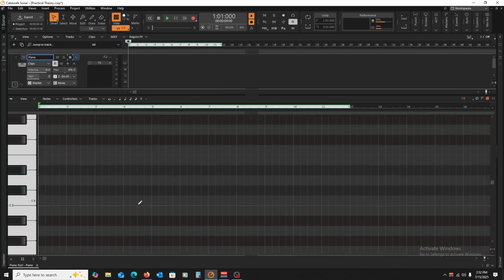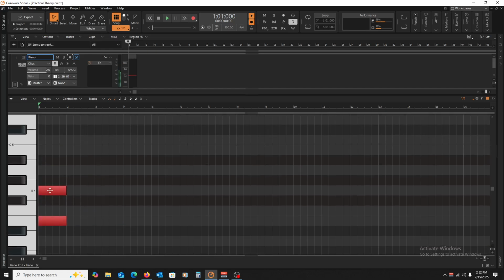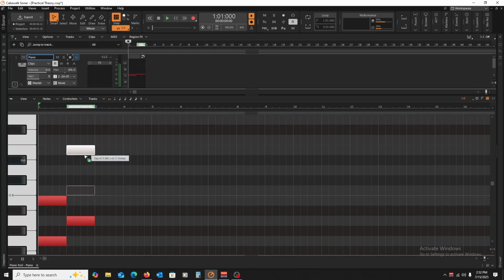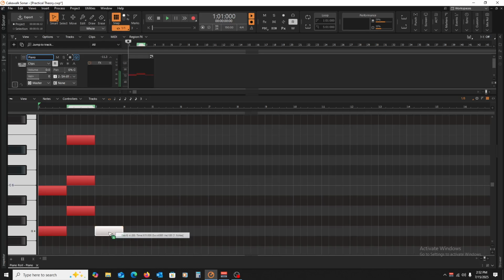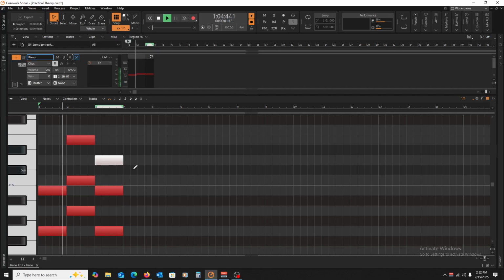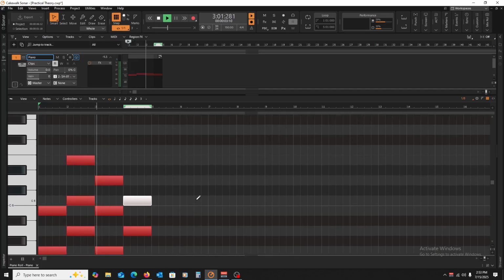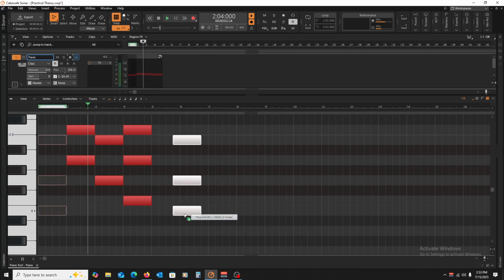Same thing if you want to play in more of a Phrygian mode, you can start your chord progression on an E minor in the key of C. And then maybe just back to an E minor.